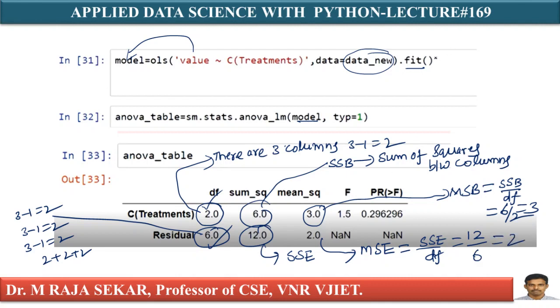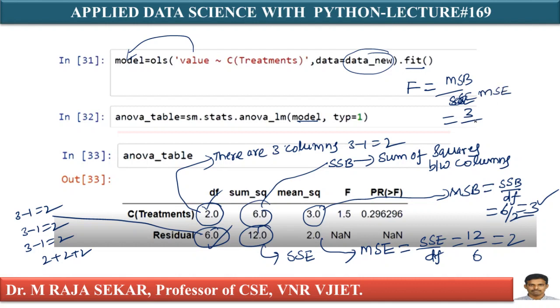Now, how will I get my F value? What is my F statistic? I can say MSB by SSE. What is my MSB value? 3. What is my SSE value? Sorry, it must be MSB by MSE, isn't it?